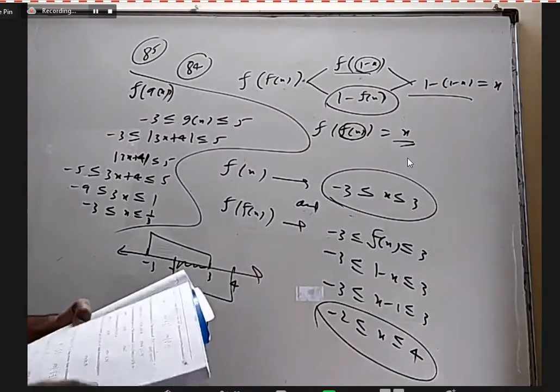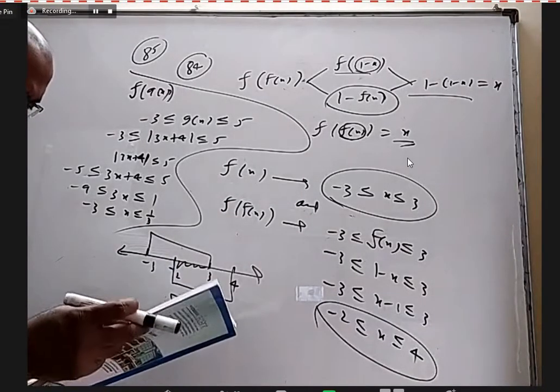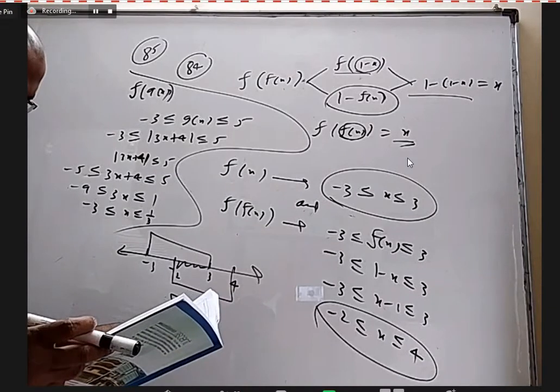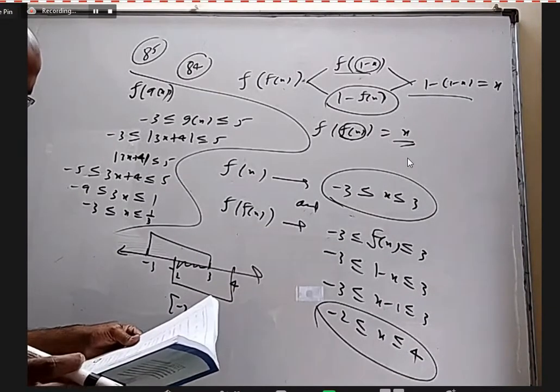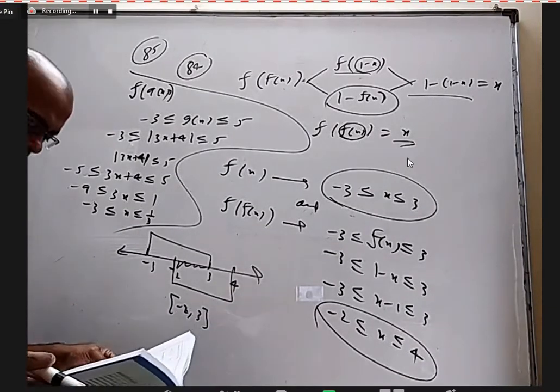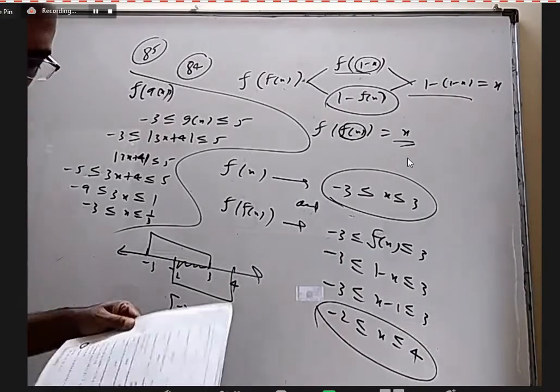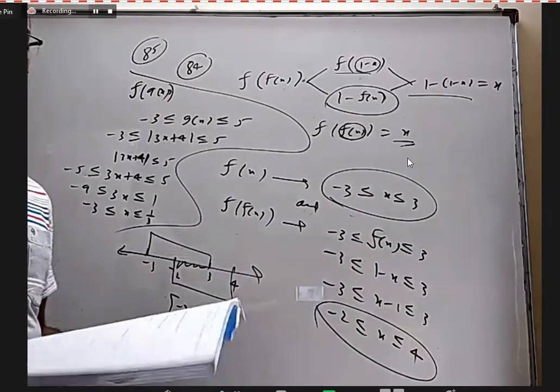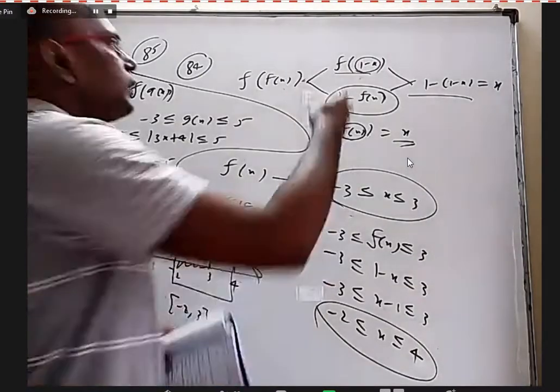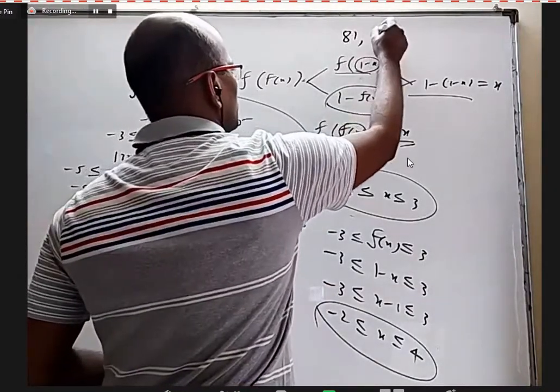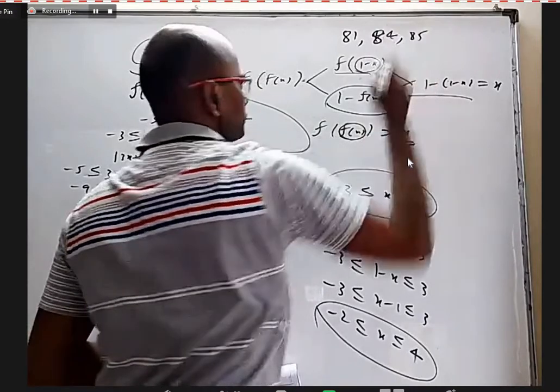Okay, so basically 84 and 85, and earlier when I discussed about g of f of x somewhere, yes, 81. These all belong to one case of composite functions domain, how to find. Okay, 81, 84, 85.